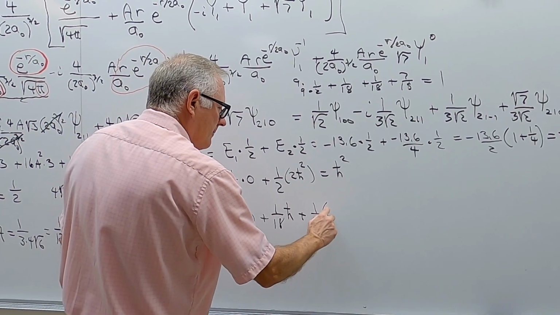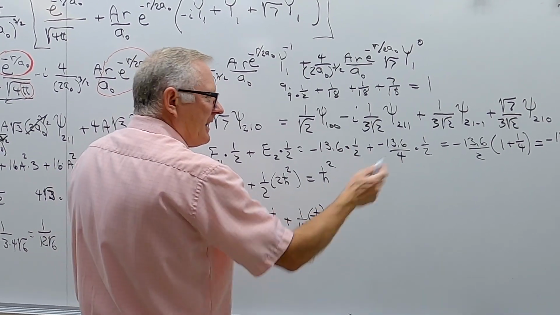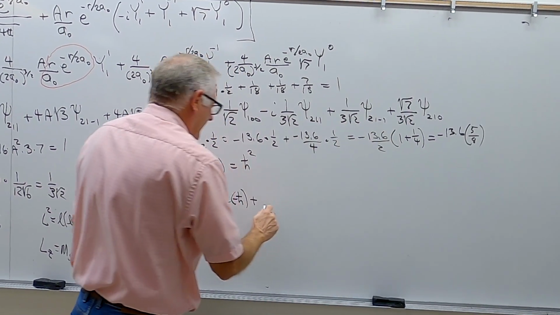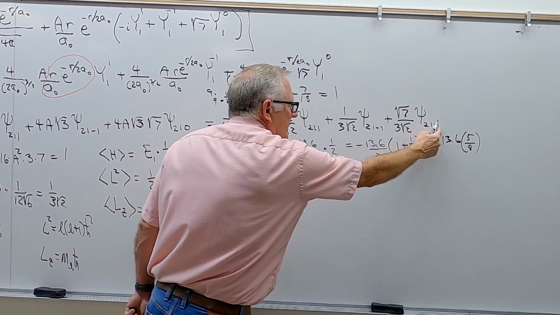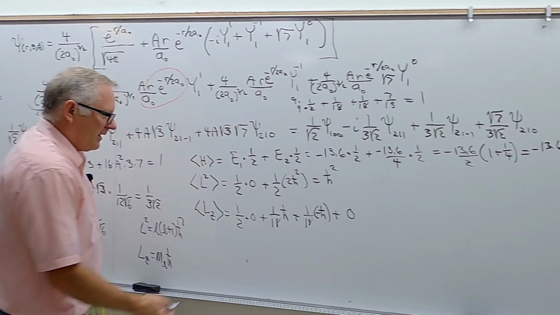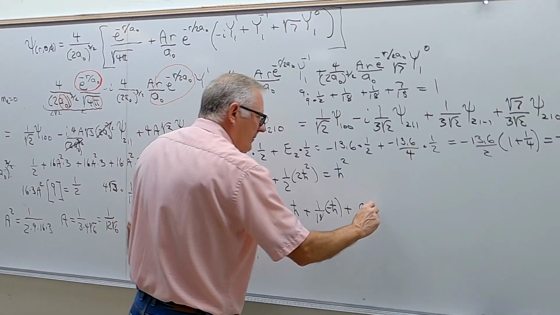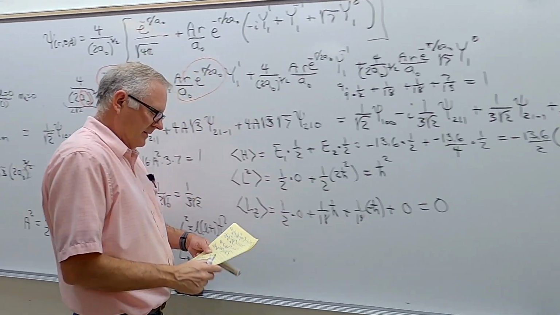So that is minus h bar. And then the last term is going to be 0, whatever it is, because we get a 0 there. Okay, and we can see that this is 0 and that's 0, and these two just cancel each other out, so this is just 0 right here.